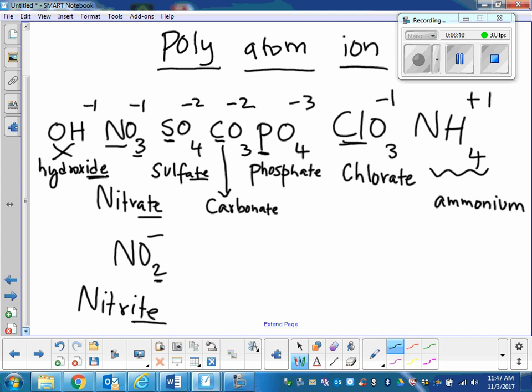Ite. It is light, meaning one less. Okay? Now, let's look at this one. What do you think will be sulfite? Very good. Sulfite will be SO3. The charge remains the same. Okay?